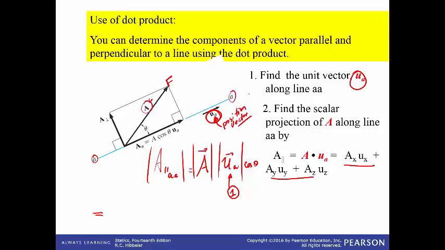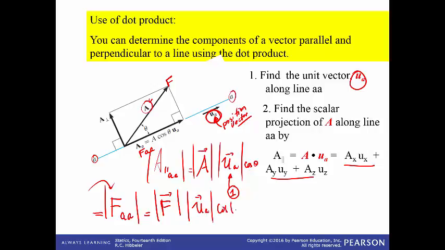The way we do it in statics is that you obtain a unit vector from a position vector in the direction along which you want to find the projection of the vector. Then the projection, the magnitude of the vector along that line AA, this would be FA, is equal to the magnitude of that vector, of course the magnitude of the unit vector, cosine of whatever angle it is.